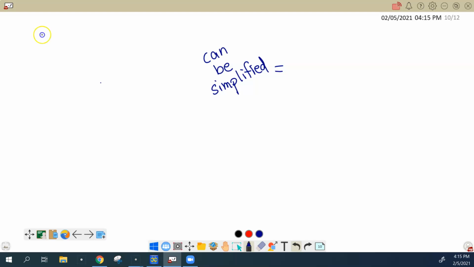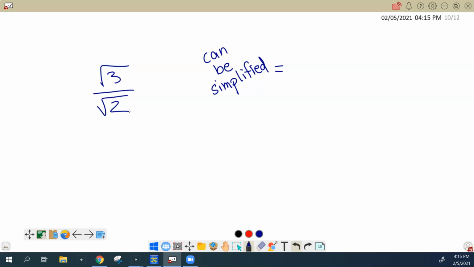For example, the square root of 3 divided by the square root of 2 is already in simplest form. So there's nothing that we can do. There's no reason to rewrite it as one big fraction.